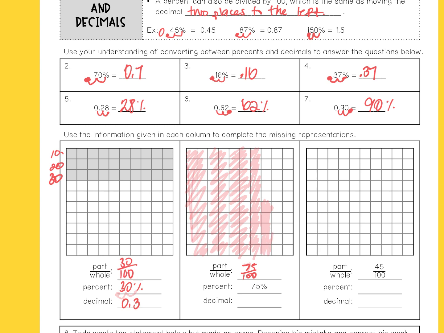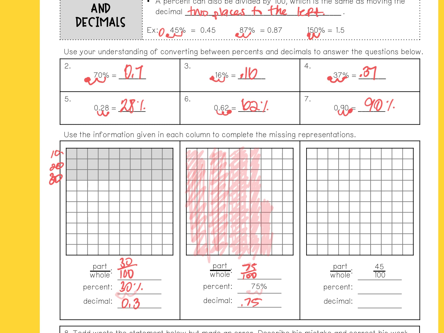So 75 hundredths shaded, 75%. To turn my percent to a decimal, I'm going to move it twice to the left and get 0.75.